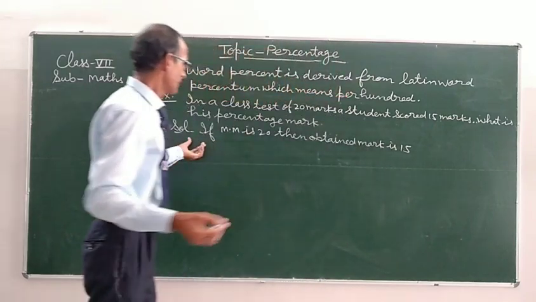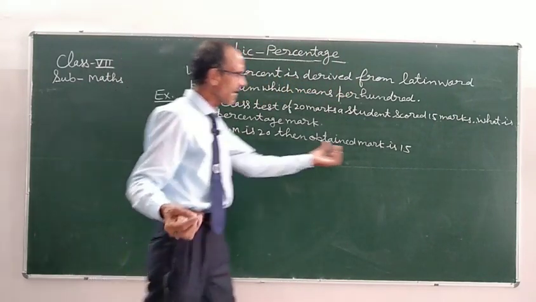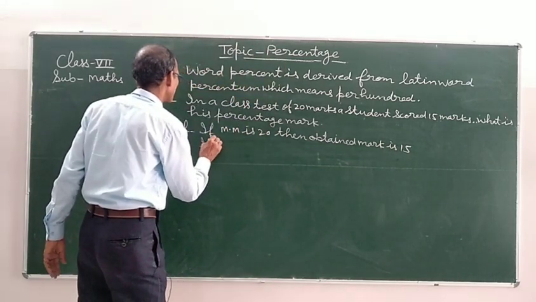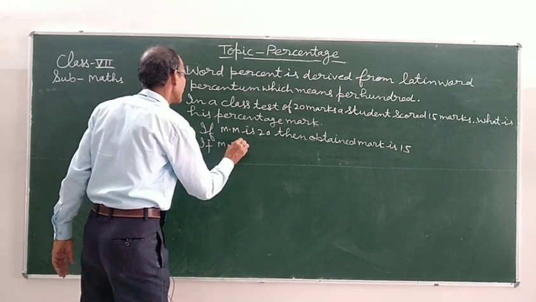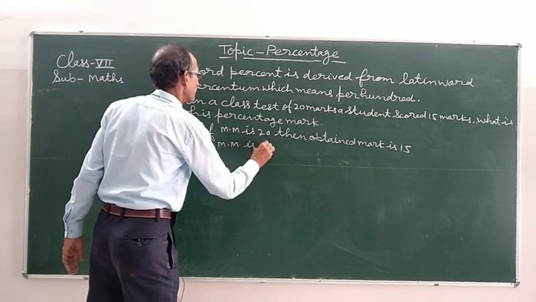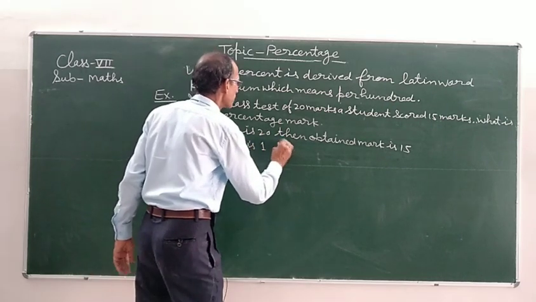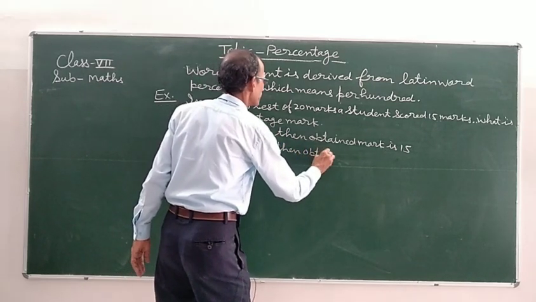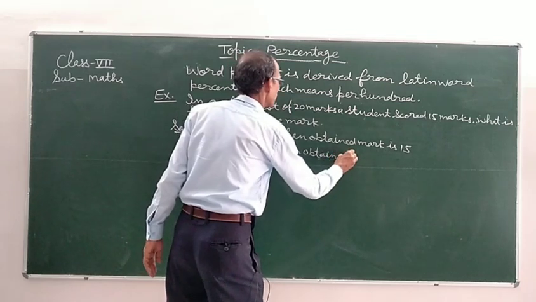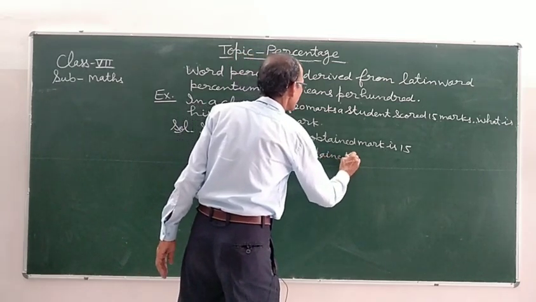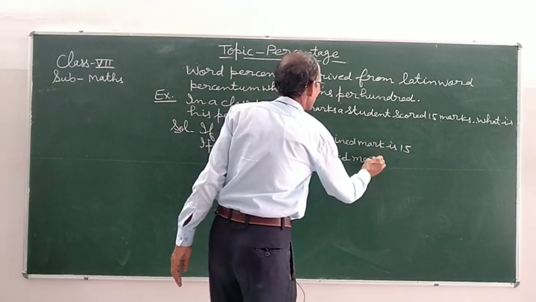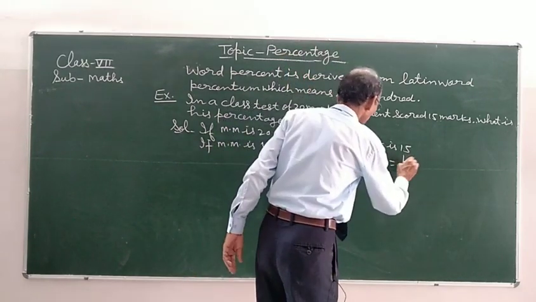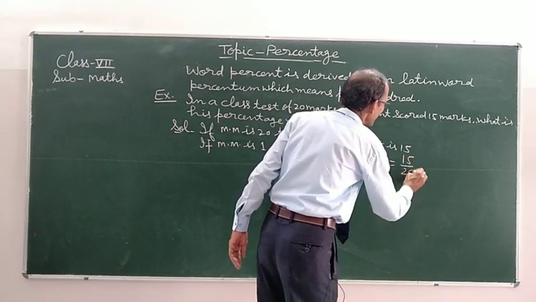Okay, if maximum mark is 20, how much mark did he get? 15 marks. Okay, if maximum mark is 1, then obtained marks is equal to 15 upon 20, by the unitary method, you know.